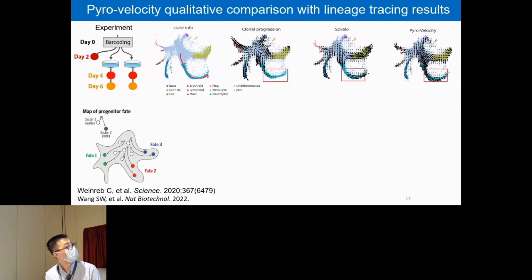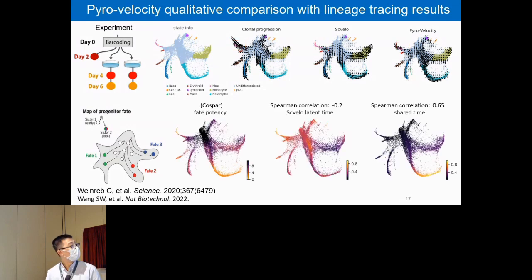Sometimes our model and SVLO can do a much better job than the clone barcoding for the neutrophil. And sometimes, for the basophil cell type, our model cannot have a good signal for predicting the right trajectory. And sometimes for the megakaryocytes, our model and the clone barcoding model can do a pretty decent job, but SVLO cannot.